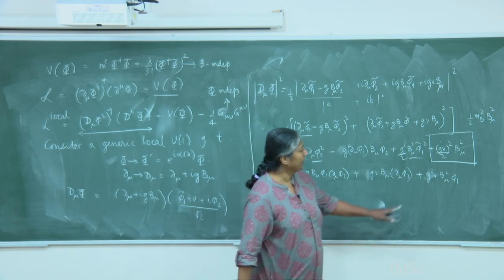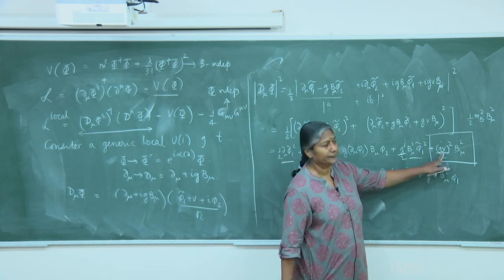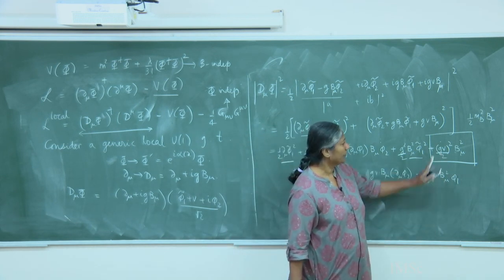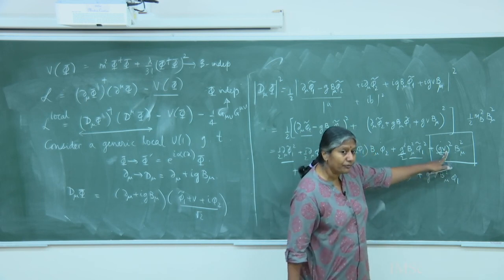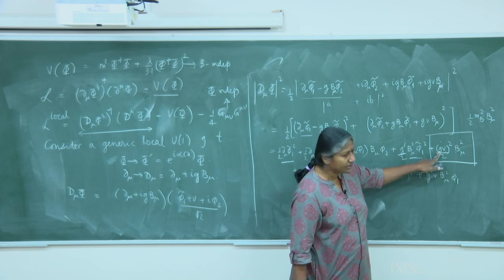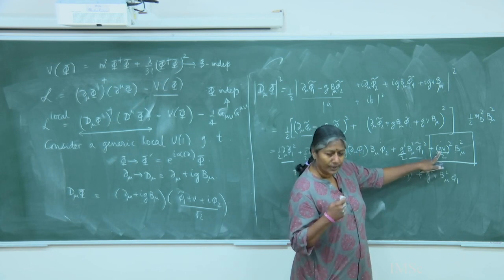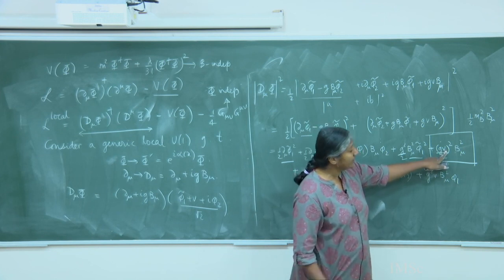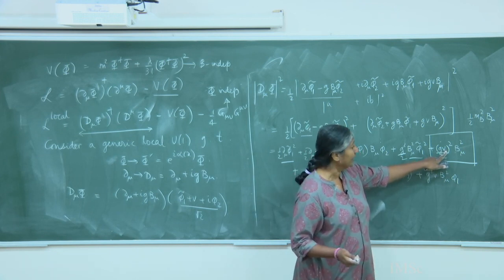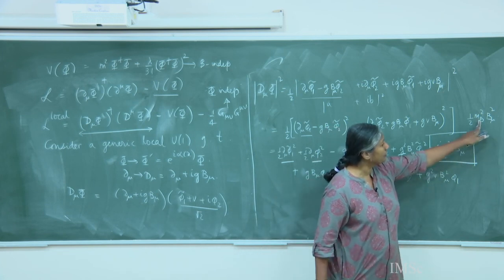So that means the B field has acquired a mass gV, and it depends on the vacuum expectation value of the phi field, because g is the coupling to that interacting gauge mediator field, and V is the vacuum expectation value of the phi field, and the combination gives you the mass of the B field.